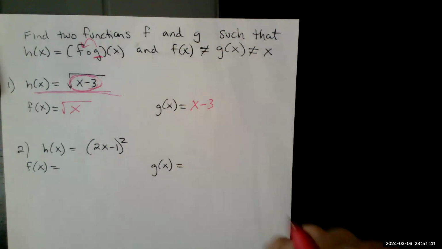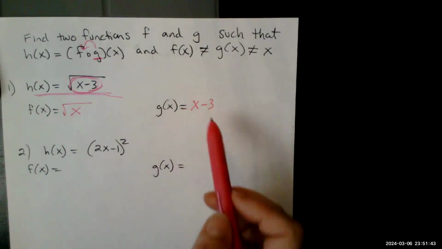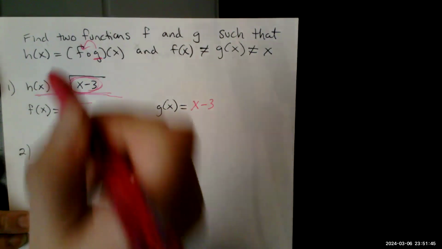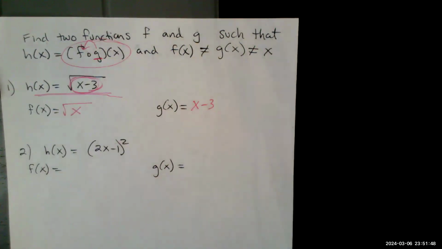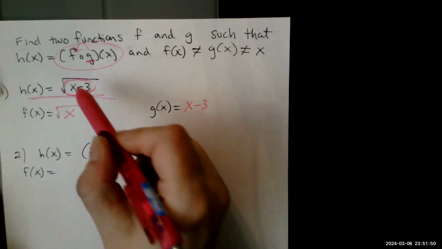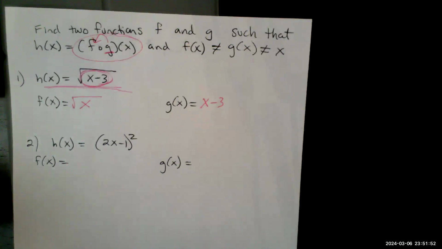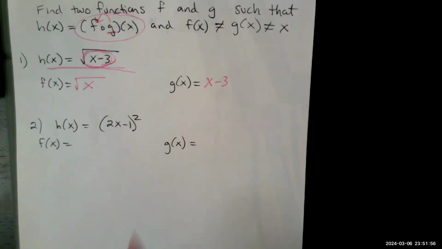So now just make sure that makes sense. If f of x was this and g of x was this, and I tried to do the composition f of g, would I get what they have for the h of x? Yes. So pause if you want and try to do the next one, and then I'll show you the answer.